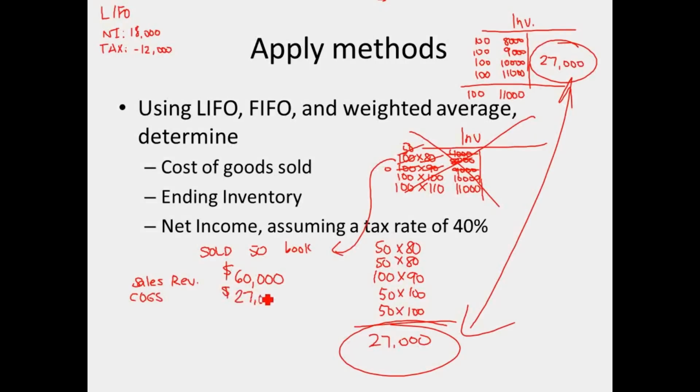So my cost of goods sold is $27,000. What is my income before taxes? What is my income tax? I take 40% of this. So what's that? 13.2, right? So I have to pay that.